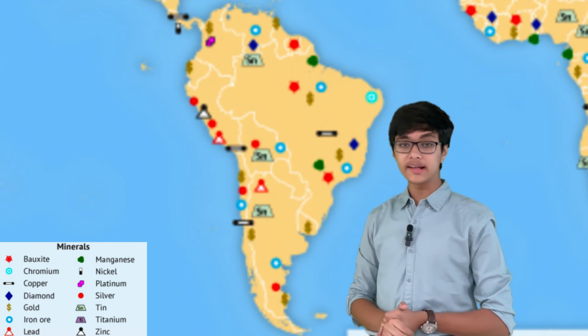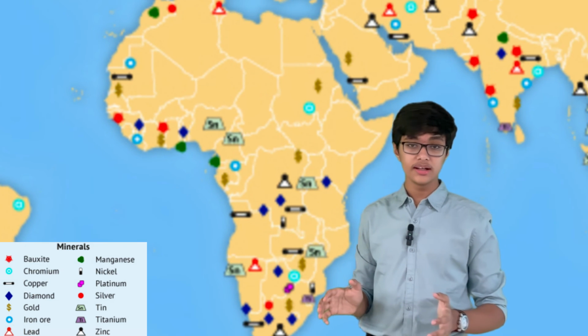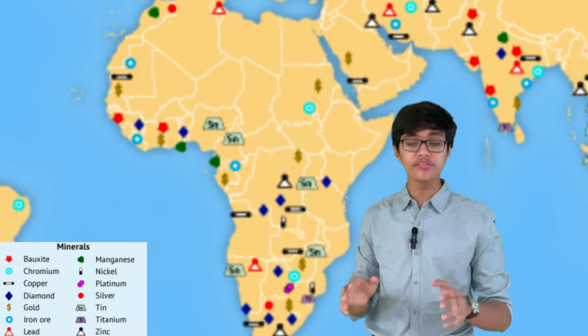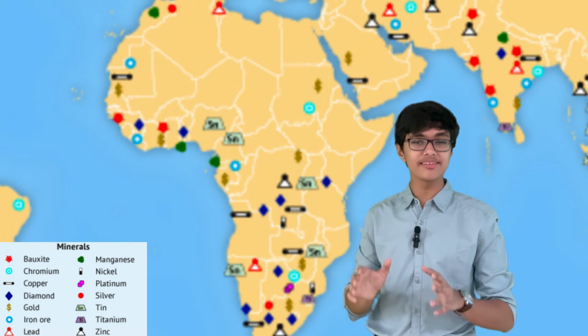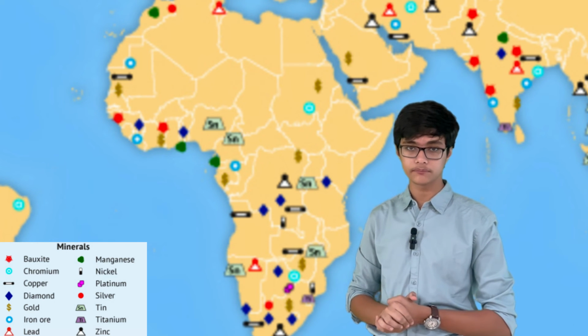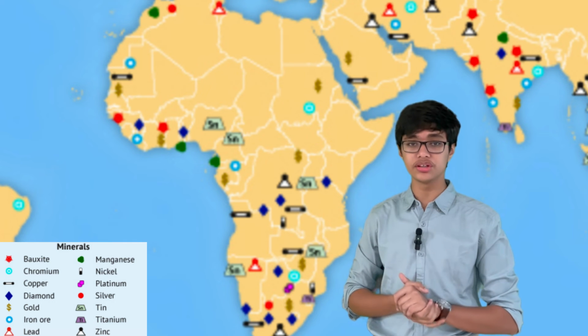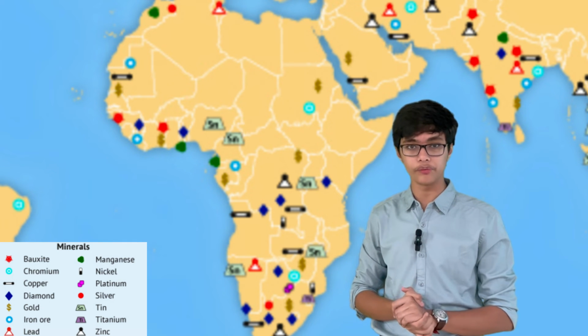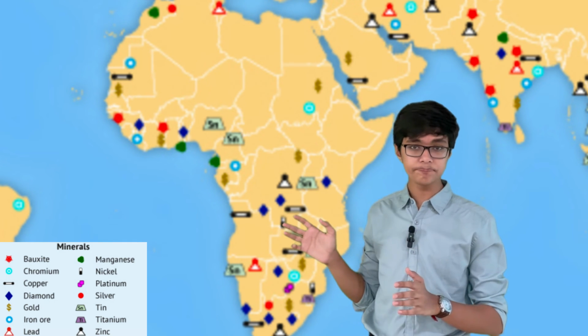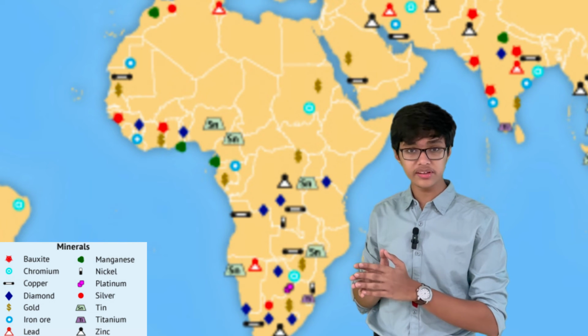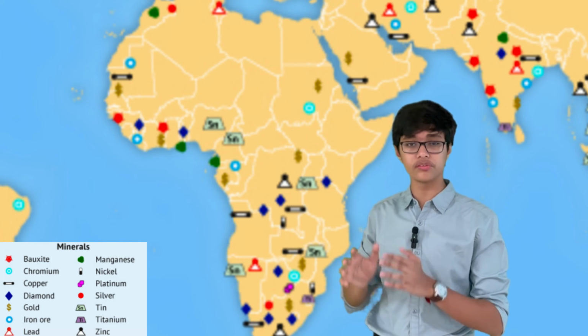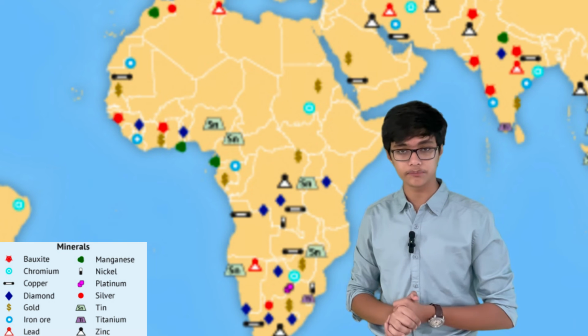The next continent is the continent of Africa. It has the most amount of rich minerals in the entire world. If you notice towards the north, there is a high concentration of oil and petroleum deposits. Countries such as Libya, which are closer to the Mediterranean Sea, receive large deposits of oil every single year.